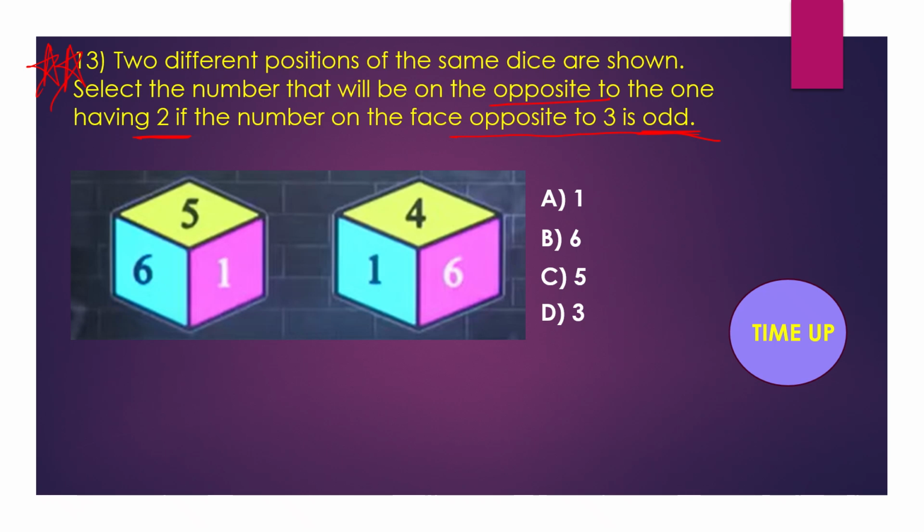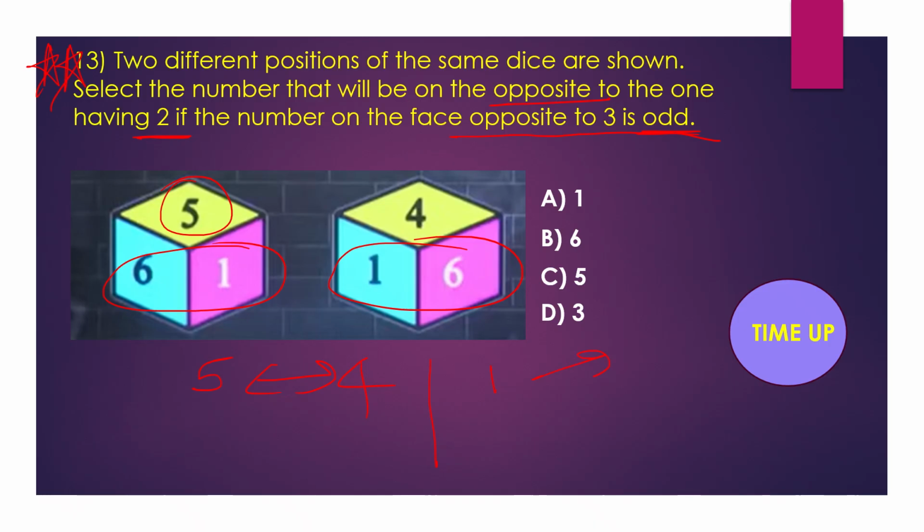So which faces are common in both the dices? 1 and 6. Correct? So two faces are common in the dice. So what is the opposite of 5? The opposite of 5 is 4. Correct? But we want the opposite of 2. So what numbers are left? 1.